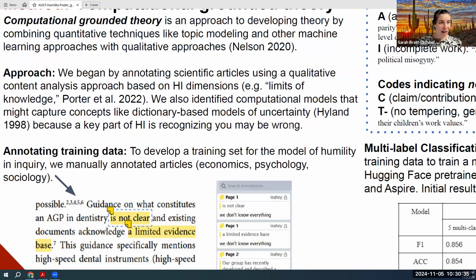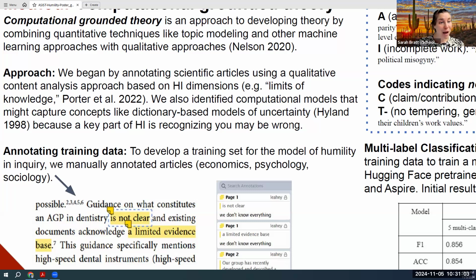So for us, what flavor of computational grounded theory are we applying? Well, we begin qualitatively. We begin with grounded theory, so to speak. We begin by annotating scientific articles using a qualitative content analysis approach based on dimensions of HI that we discovered in the literature. So some of these include, for example, limits of knowledge, admitting that you're wrong sometimes, right?